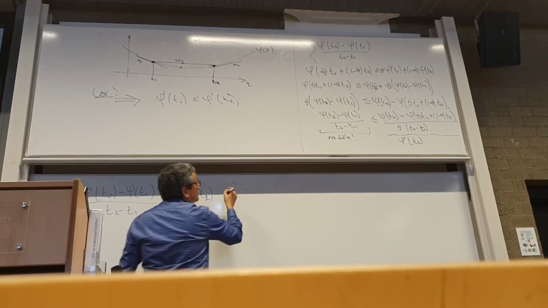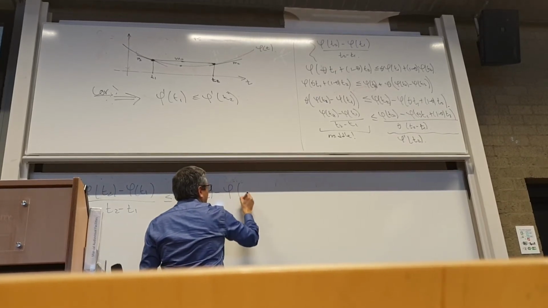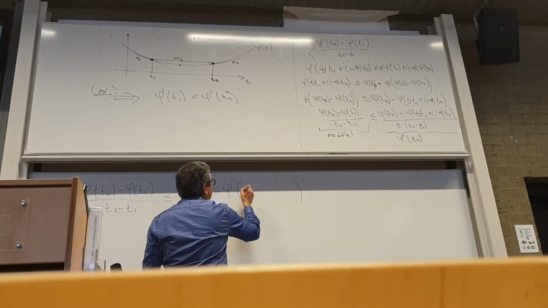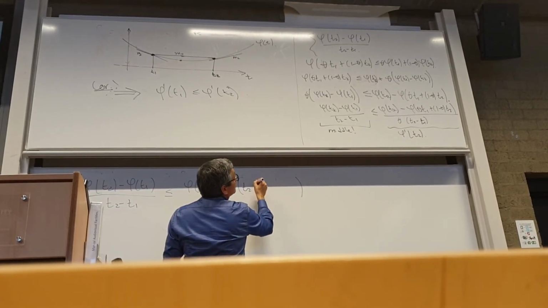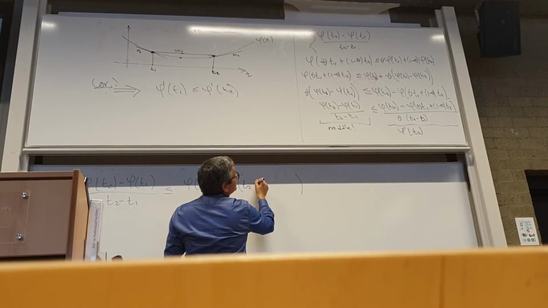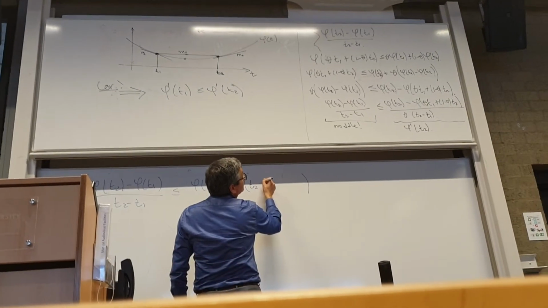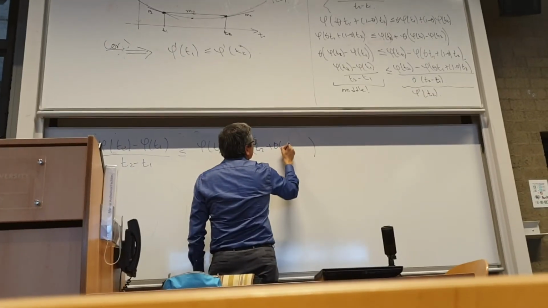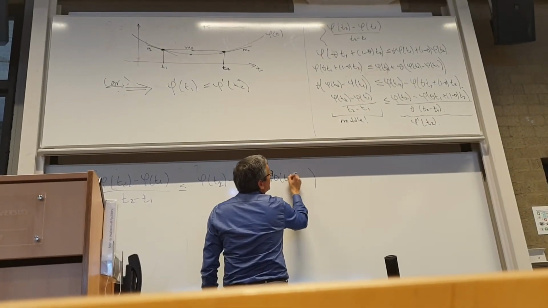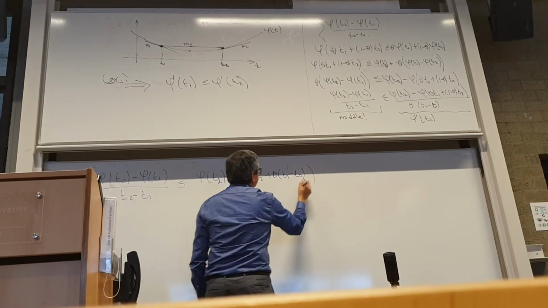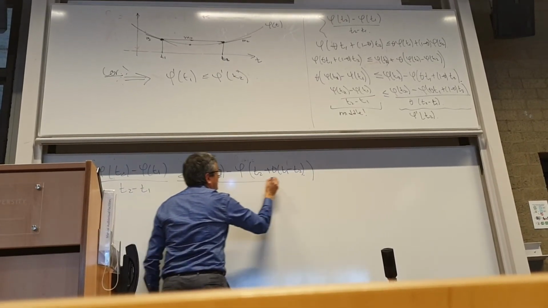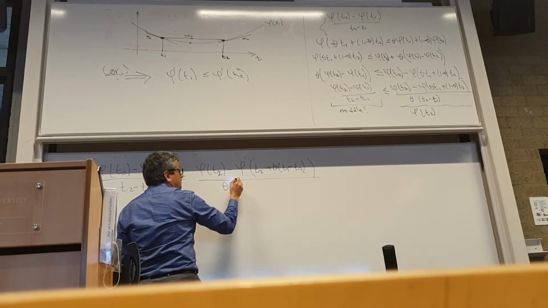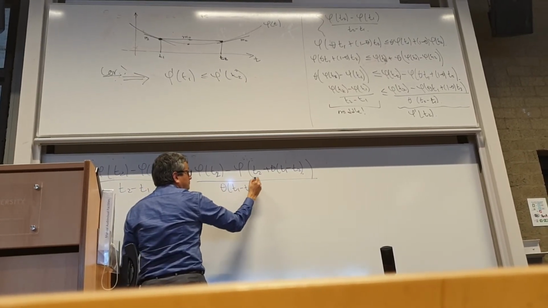minus phi, and I will write this a little bit differently here. I will write T2 plus theta T1 minus T2, divided by theta T1 minus T2.